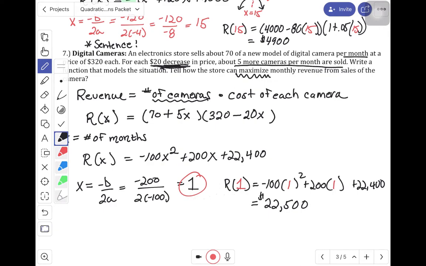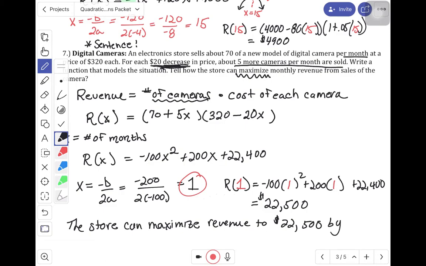Ooh, look at that. So we might write a sentence. We could say, the store can maximize revenue to $22,500 by decreasing the price by $20.